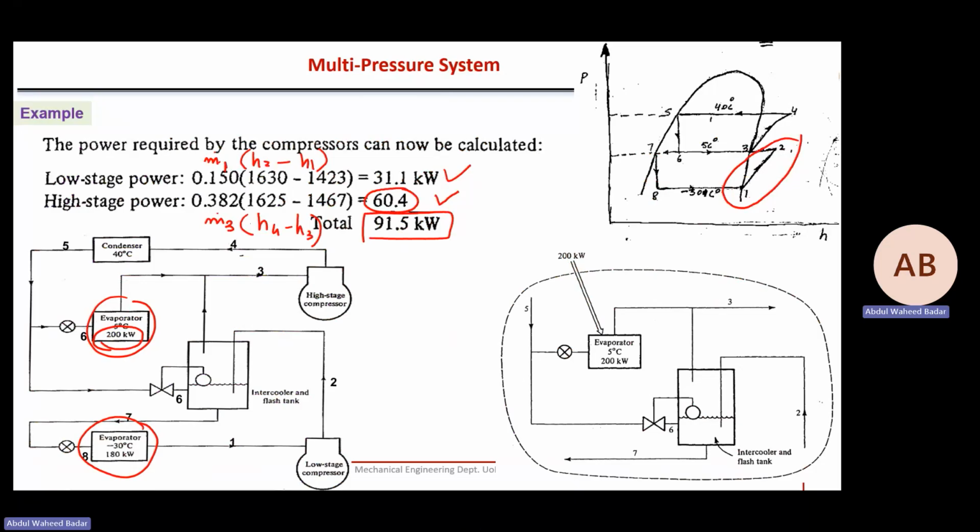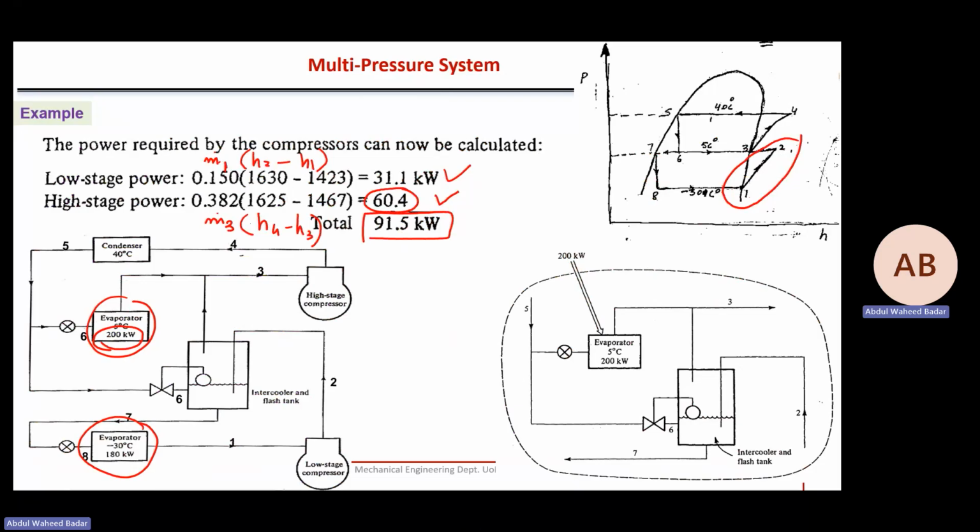How do you calculate it? It's given, yes. If it's not given, then how do you find it?